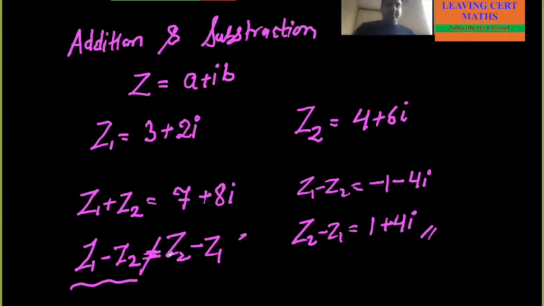Okay. Is that okay? So this is all about addition and subtraction, and we don't need any example to do. I think it's very straightforward. Now if you have known addition and subtraction, let's also do multiplication and division, right?